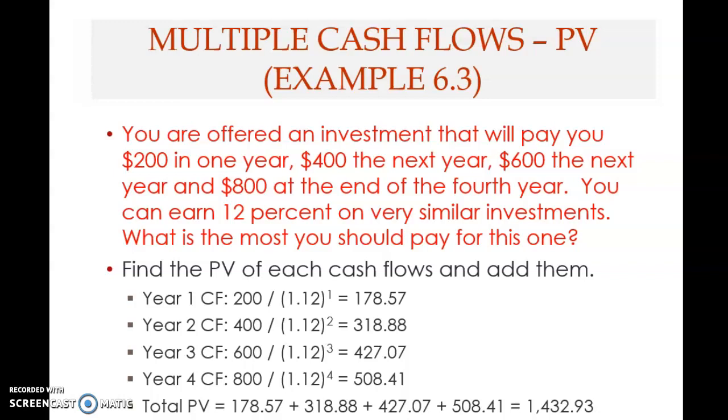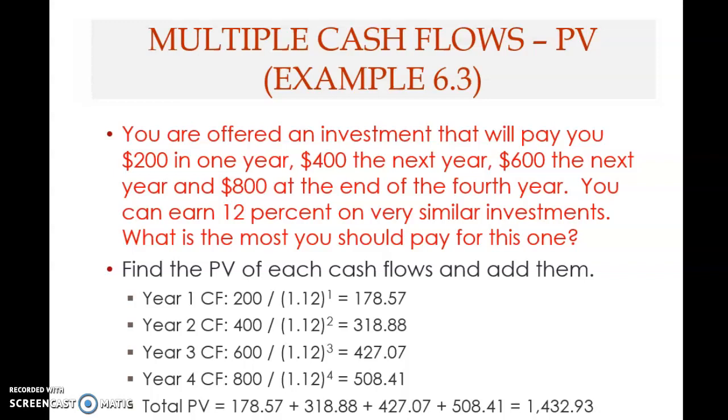It means, what are these cash flows worth now at 12%? Put another way, if you have an amount now, you can invest that amount at this interest rate. Can you get 200 at the end of year 1, 400 at the end of year 2, 600 at the end of year 3, and 800 at the end of year 4?